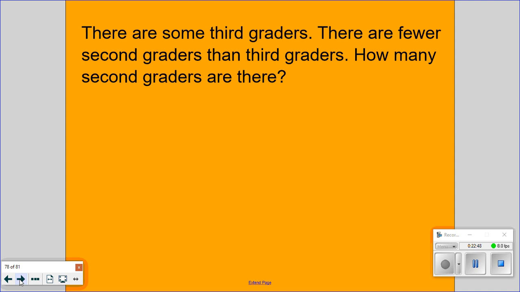John, sit up. Are there more third graders or more second graders? Huxley? How do you know there's no numbers? That word fewer meaning less. So even though we don't know how many, we know there's more third graders. Fair?